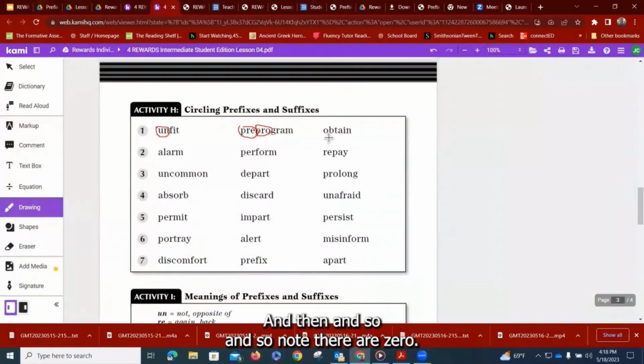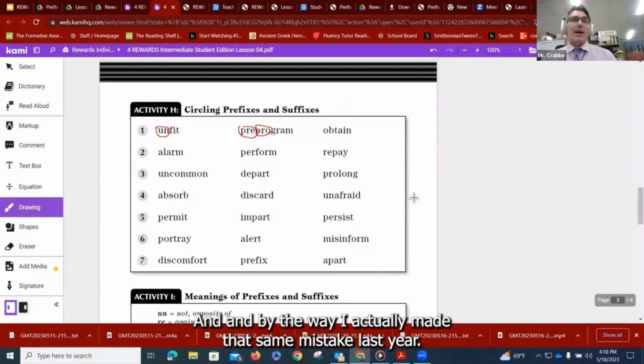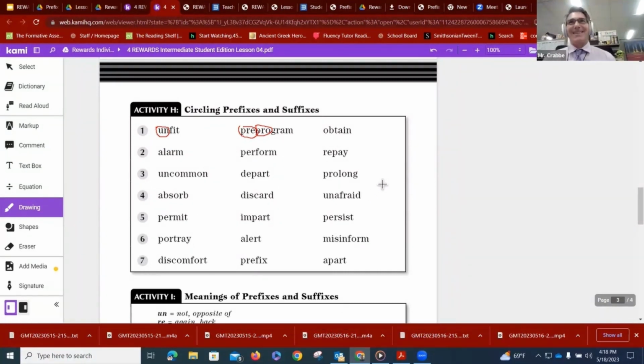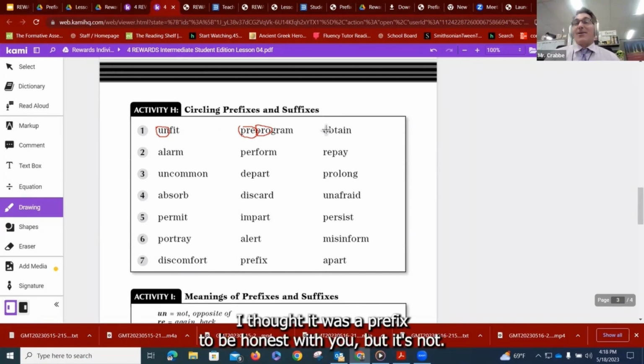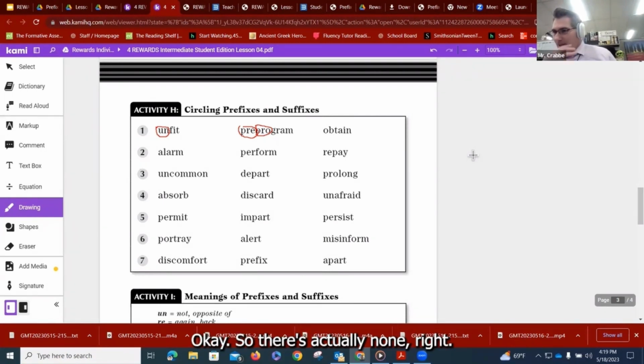And so nope, there are 0, and so we're not going to circle any because there are no prefixes, and that's okay. And by the way, I actually made that same mistake last year. I thought it was a prefix, to be honest with you, but it's not. So we all learn something every now and then, but that's not a prefix. Okay, so there's actually none.